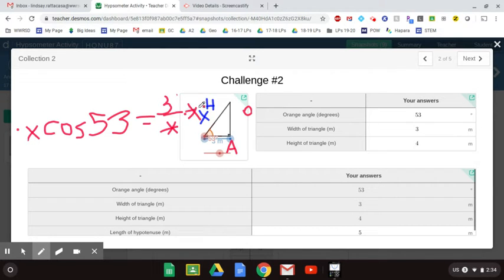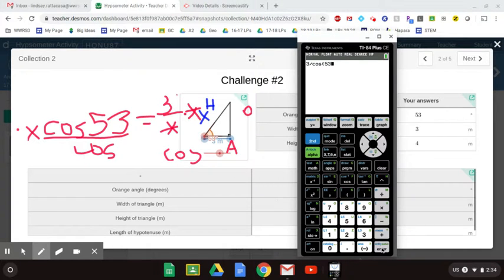So this is what the math would look like, because then you're really dividing by cosine. Let's see if I could do this without being painfully slow. You're going to do that on one side, and then you'll do that on the other side. So then on the calculator, you would be doing that, and you'd get about 5 meters.